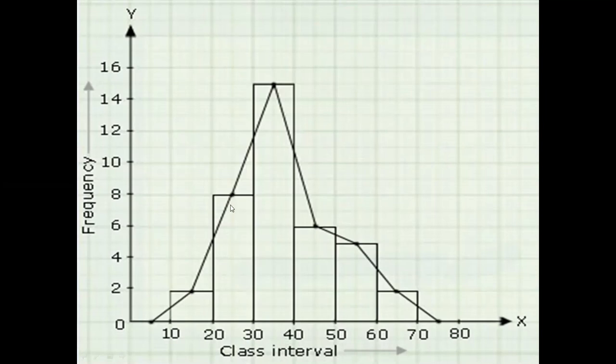So here it is 15, for the next class interval 20 to 30 it is 25. Similarly over here it is 35, 45, 55 and 65.